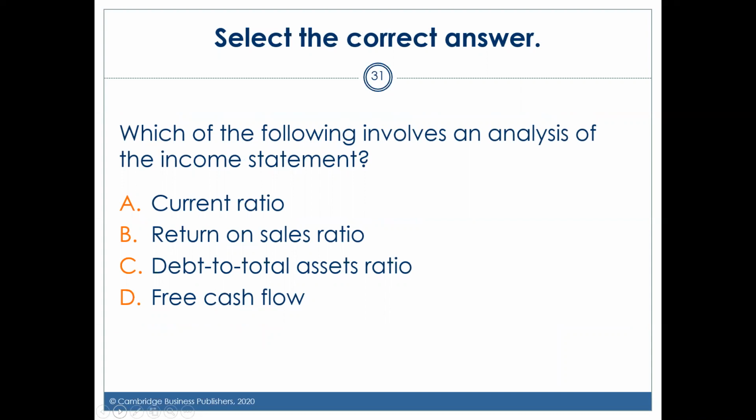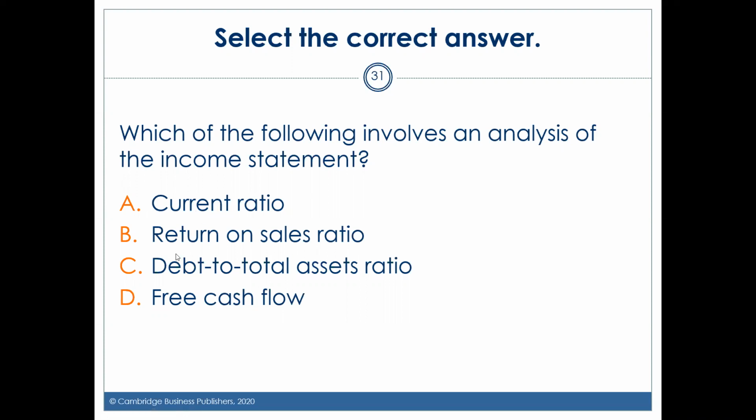So which of the following involves an analysis of the income statement? And these are the 4 things you have to know in this chapter in terms of the quantitative: current ratio, return on sales, debt to total assets, and free cash flow. Return on sales, that's right, good. So B. Which of these things involves an analysis of the balance sheet?